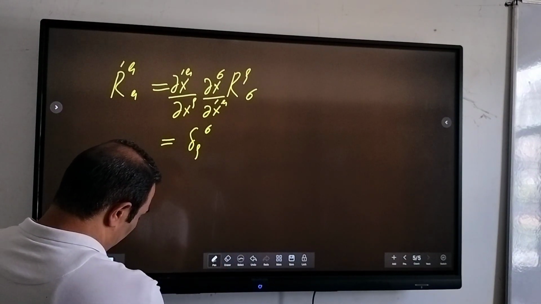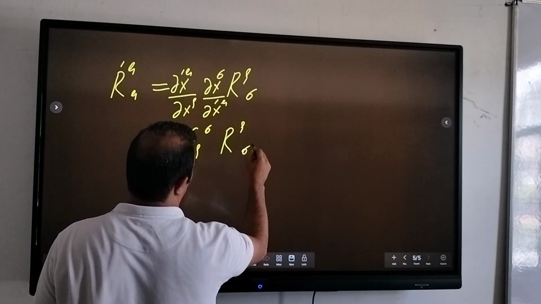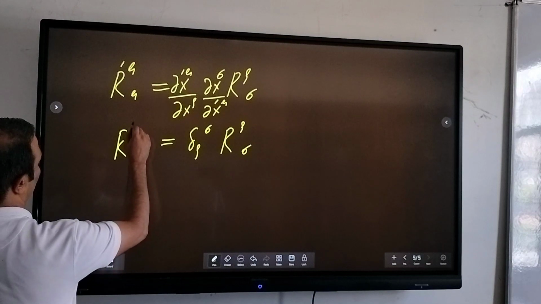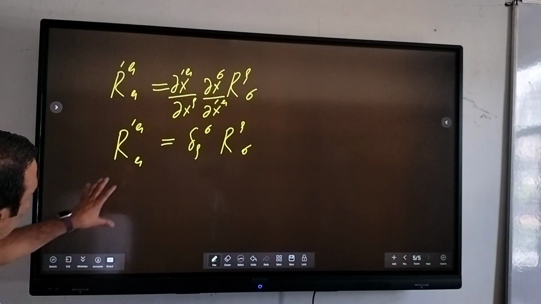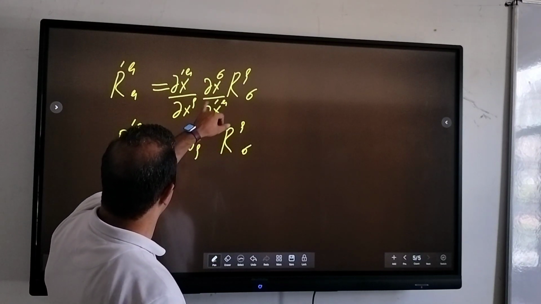Or of, right? So this is the one. Because you can see this will cancel, so this will be the delta of rho sigma.